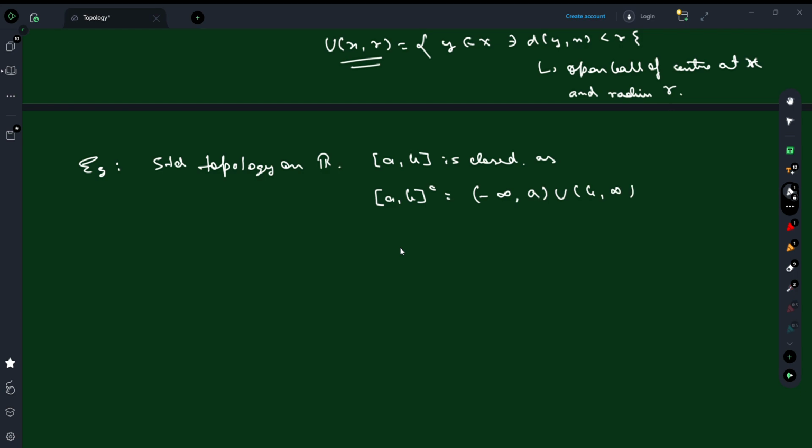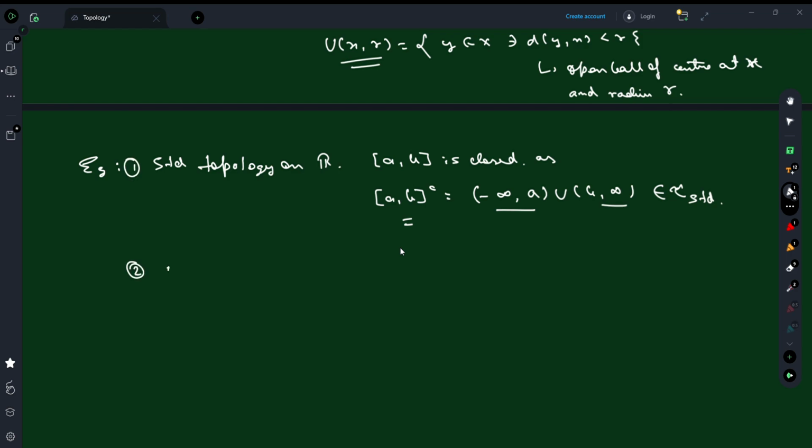So it's a union of open intervals, right? Because when defining the standard topology, we had considered unions of those open intervals for all elements a and b ranging in R. So this is indeed an element of tau, and their union is also an element of tau. So the complement is indeed inside the standard topology, which means the interval is closed, right?